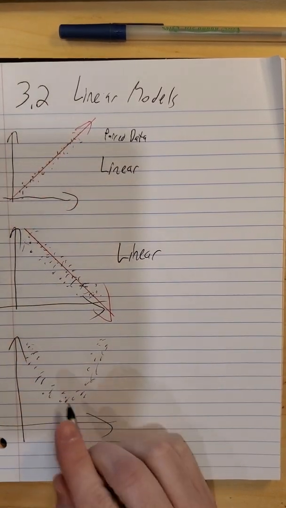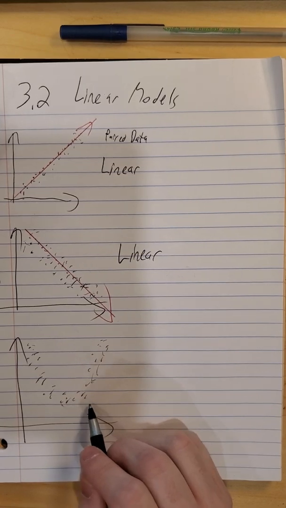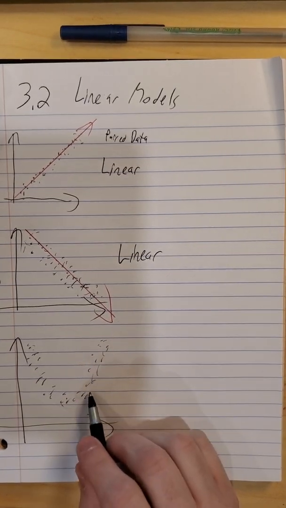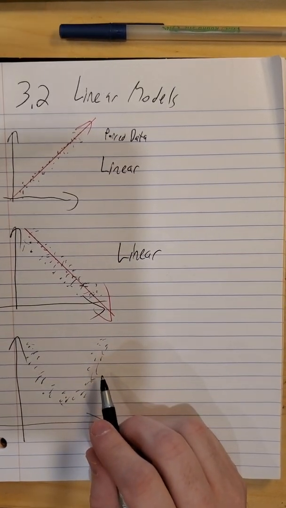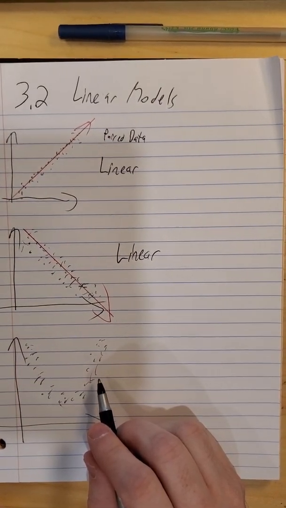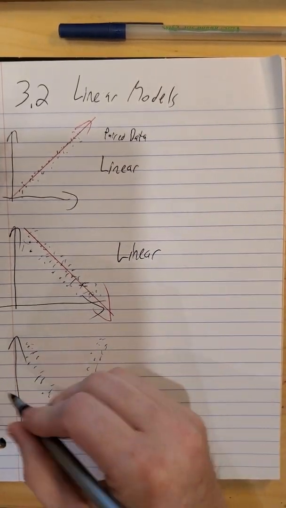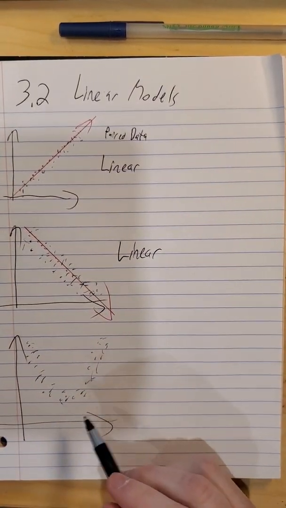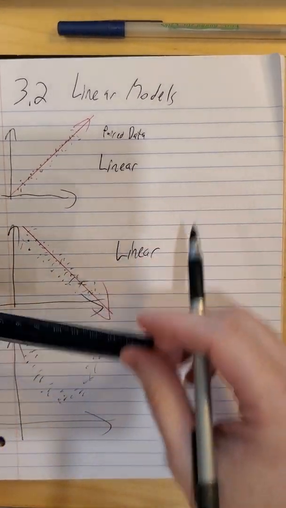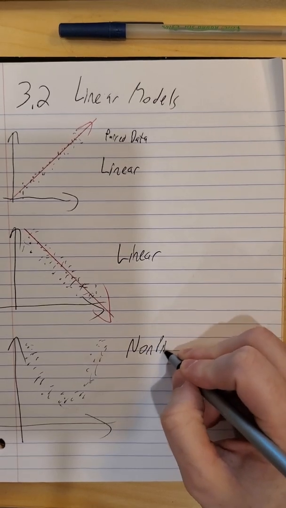We hit kind of best fuel efficiency somewhere down here, and then once we hit past that speed, the wind resistance starts using up more gas than the gains that we're making by driving faster. So not all models are linear. I couldn't draw one line through all of this to describe the relationship, so this one is nonlinear.